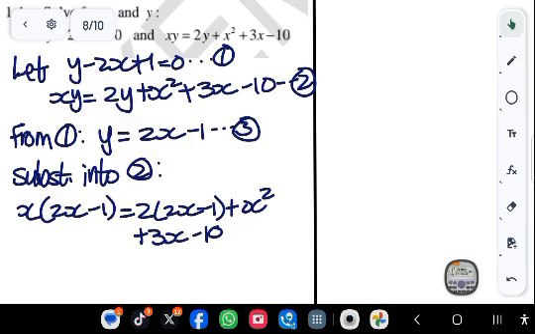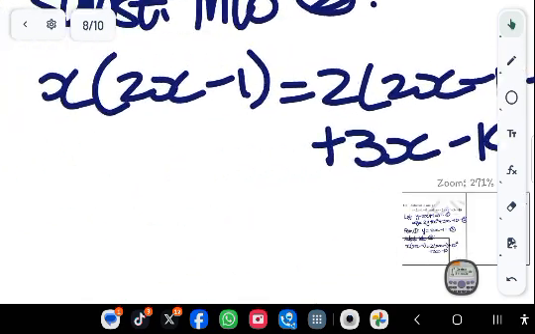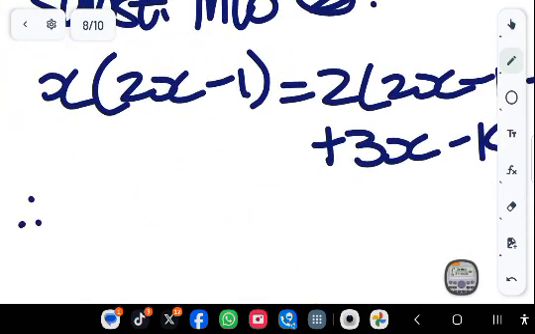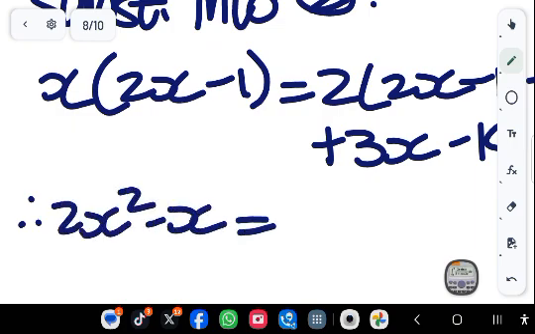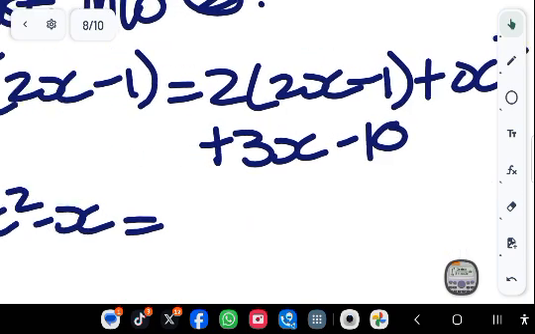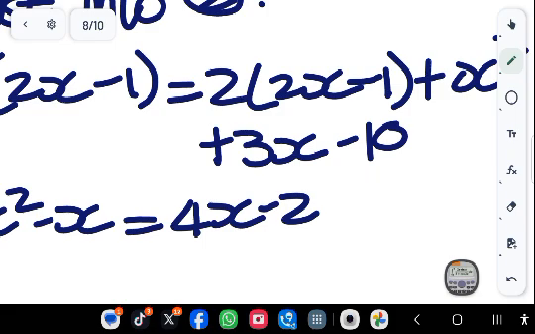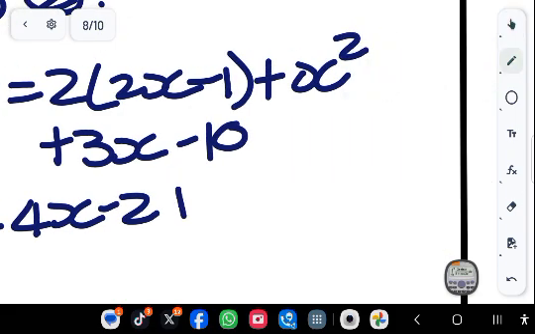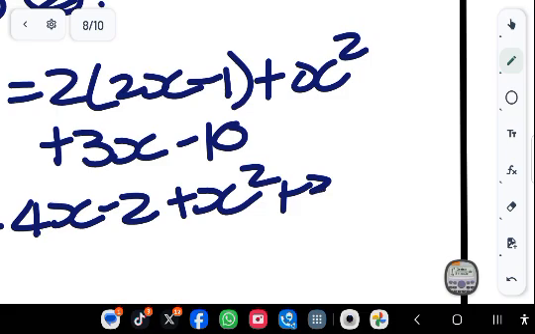All right, so now you expand. Let's expand. 2x squared minus x equals 4x minus 2 plus x squared plus 3x minus 10.